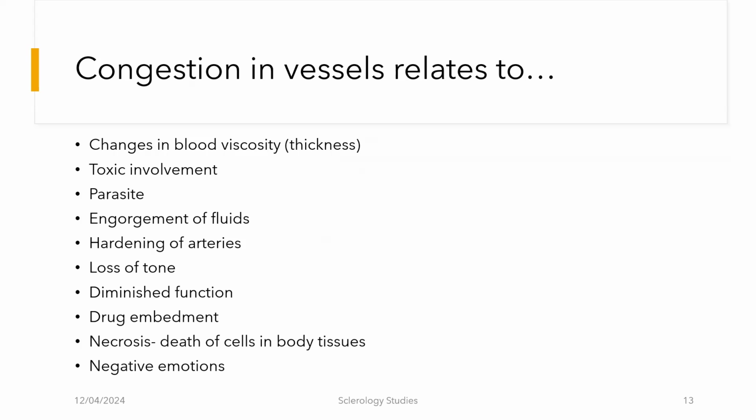Toxic involvement, parasites, engorgement of fluids, hardening of arteries, loss of tone, diminished function, drug embedment, necrosis, negative emotions. This is all congestion coming from stress. When they say that stress is a killer, we better believe them.